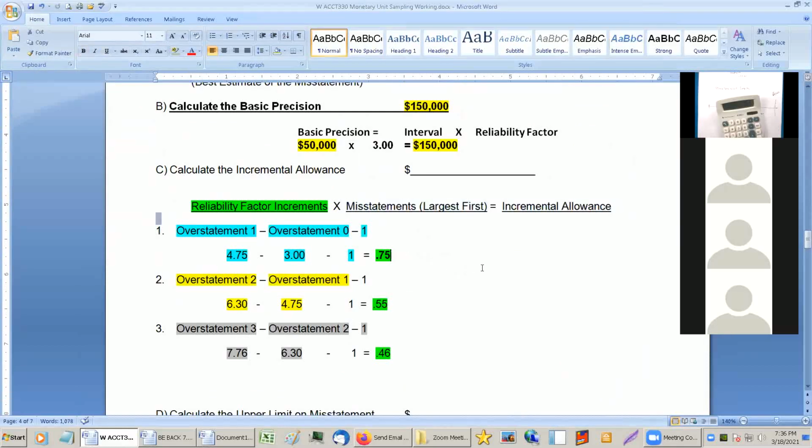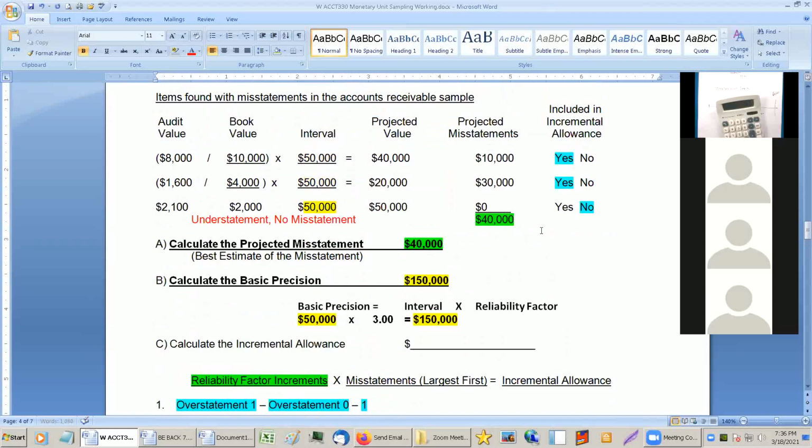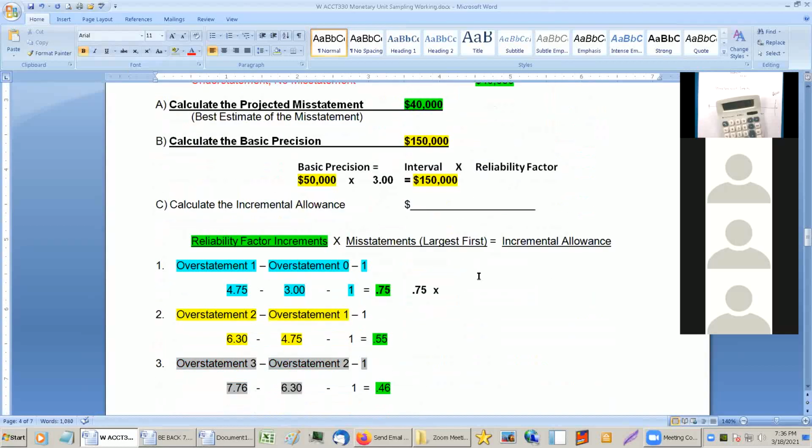So we're going to take the 1.75 times our largest misstatement that we have up here. Our largest misstatement is 30,000. So 30,000 is going to come first.